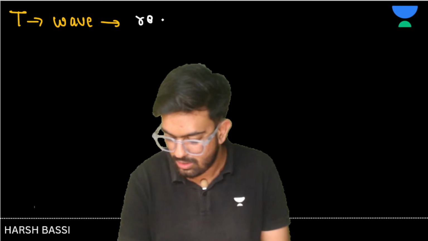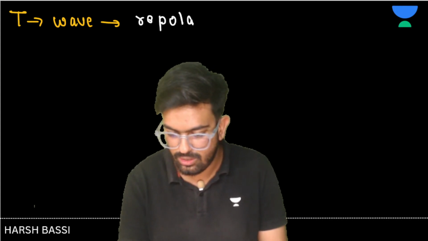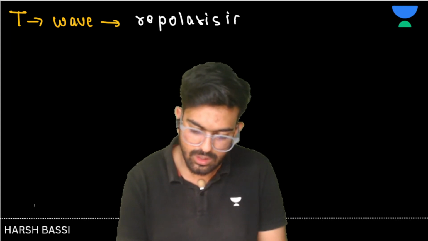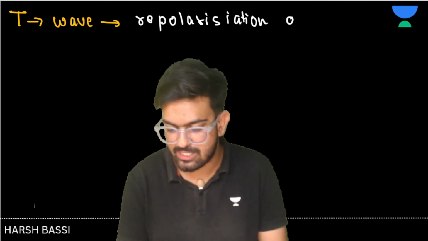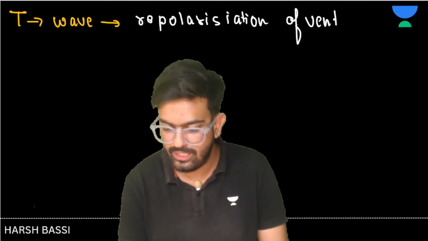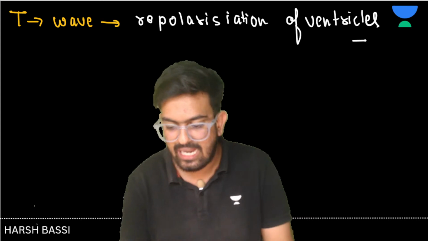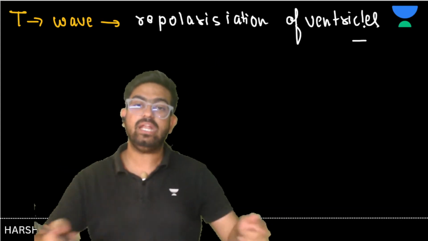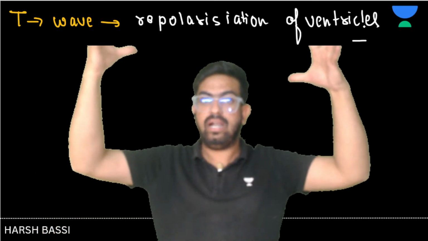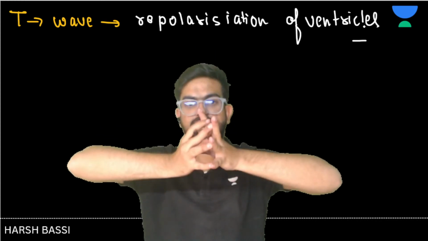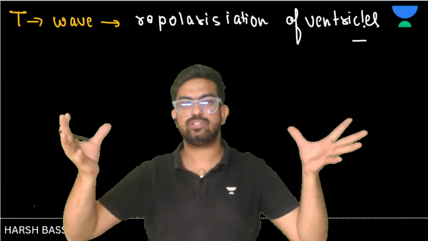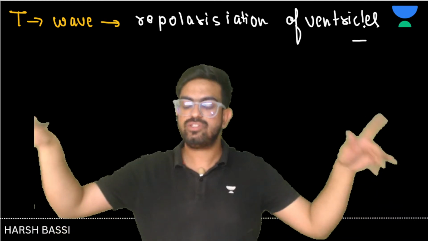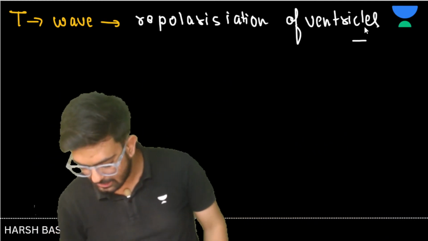Now the ventricles will get back into the normal position, and after that again P wave, atria contract, ventricles normal, and again this cycle will continue. Clear?